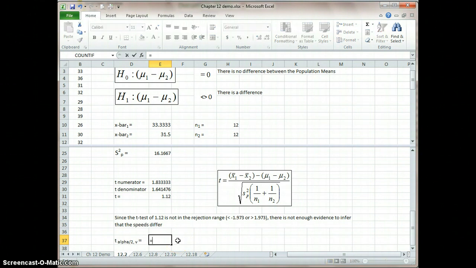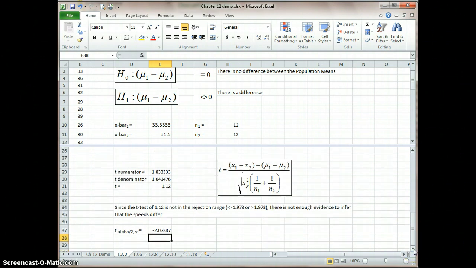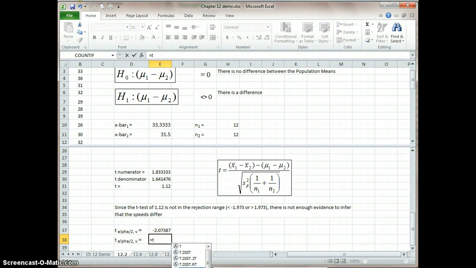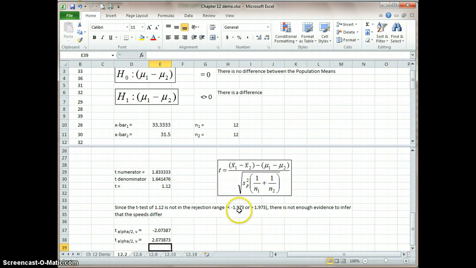In this case it's going to be t with 0.025, and the degrees of freedom is 12 plus 12 minus 2, which is 22, and that is equal to minus 2.037. I'm going to do the same thing over here on the positive side, t with 1 minus 0.025 and 22 degrees of freedom.